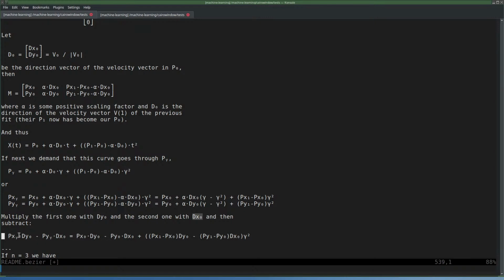See here, dy0. Can we combine this? It's also a minus. I want to rewrite this.